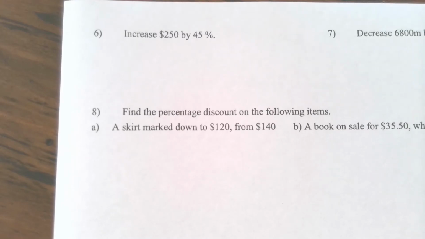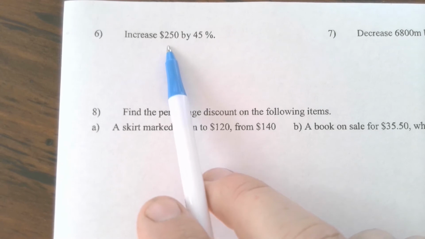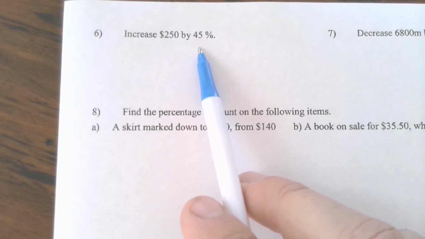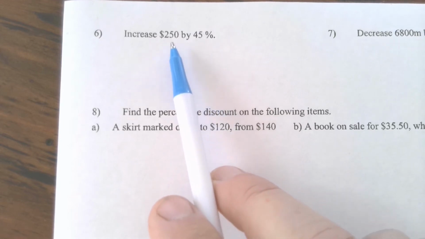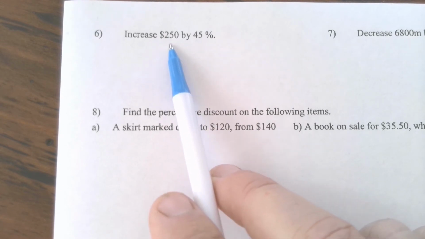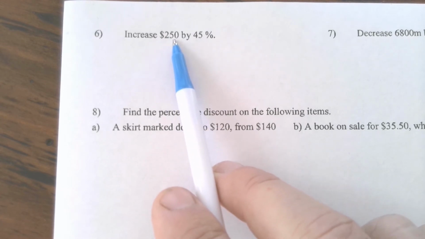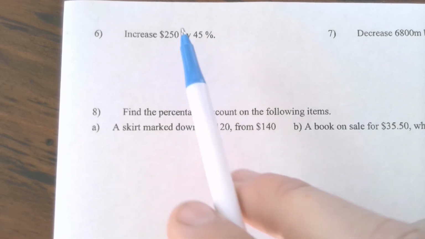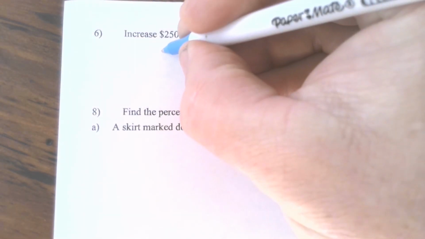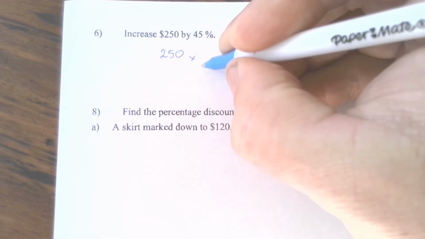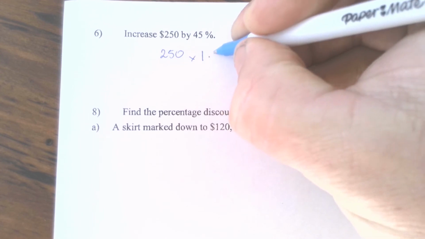Right, question 6 is a good one. It wants you to increase $250 by 45%. Okay, so this would be great when you got things like a pay rise or something along those lines. When you're going to increase this, you got to remember you don't want to lose the original amount. You still want that $250 plus an extra 45% of this number, okay? So when you put it in, you're going to have to do $250 multiplied by 1.45.